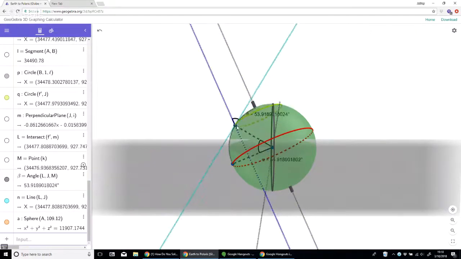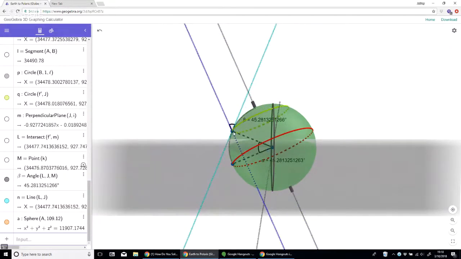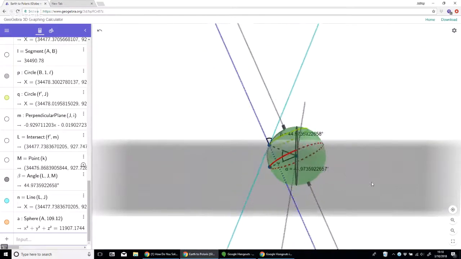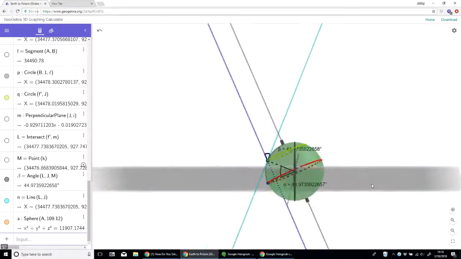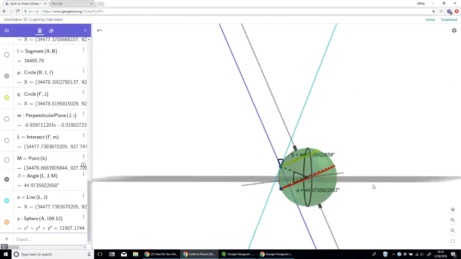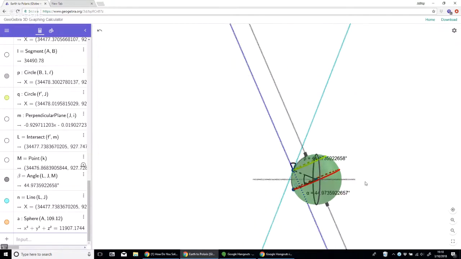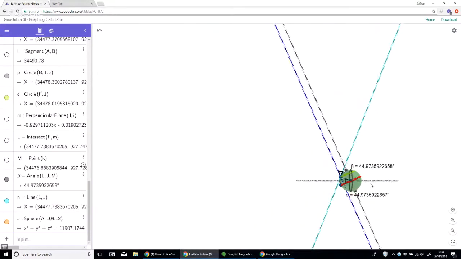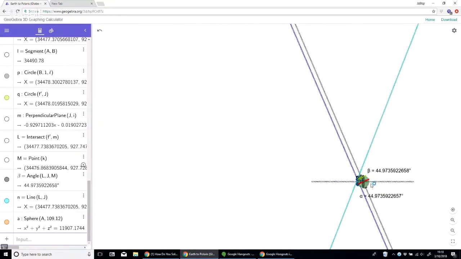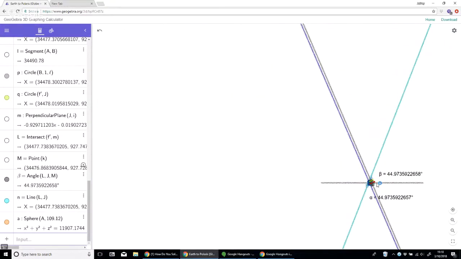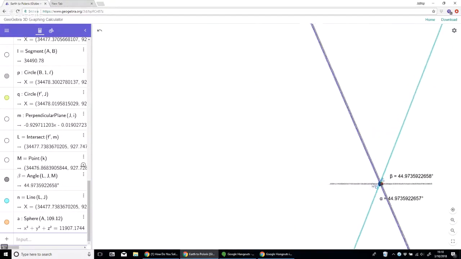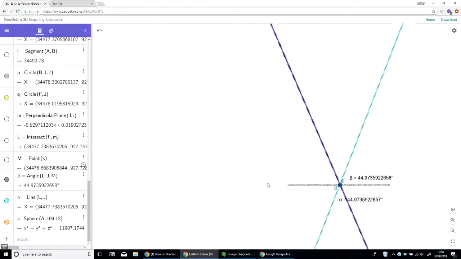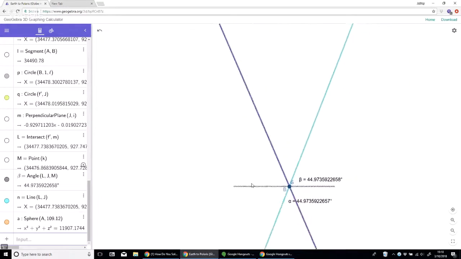We put our observer back here at 45 degrees, essentially 45 degrees. You can see very clearly that his horizon does not let the sun come into view.